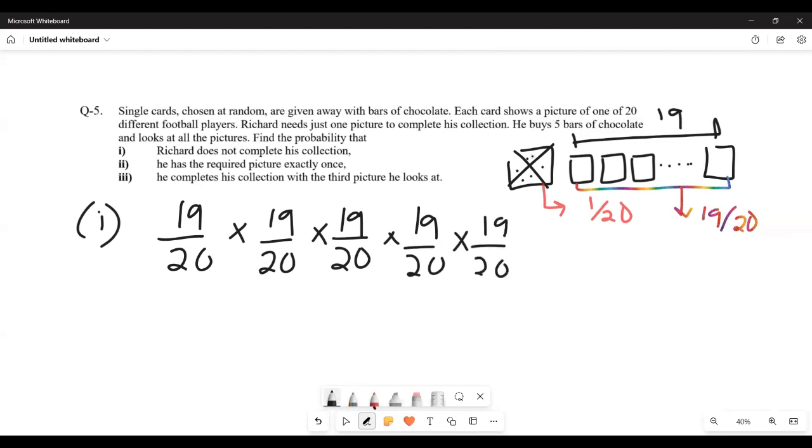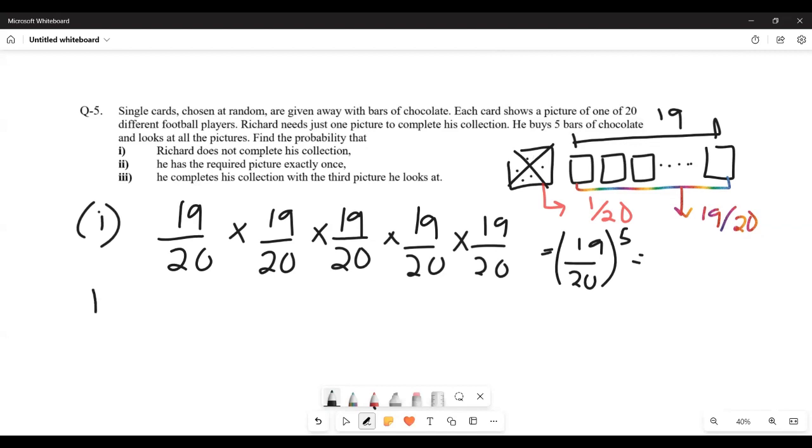So this is going to be the probability that all 5 times he did not get the card of his liking or the one card that he was missing. So it's going to be 19/20 power 5. जो भी इसका आंसर आता है.